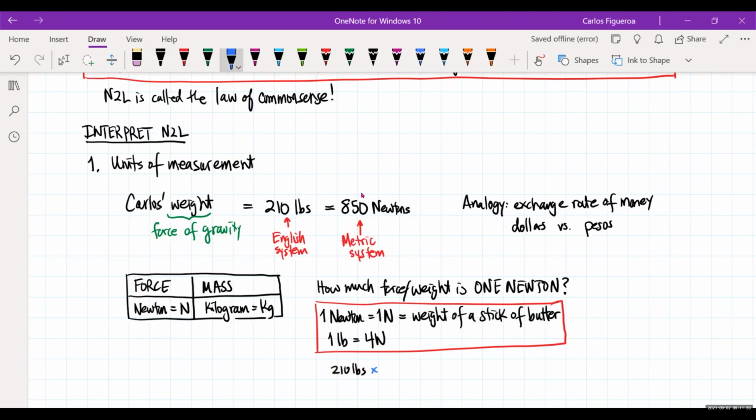I multiply that by 4, and I get 840 newtons. You can see that it's really, really close. So if you weigh, let's say 100 pounds, then if I multiply that by 4, it'd be 400 newtons.